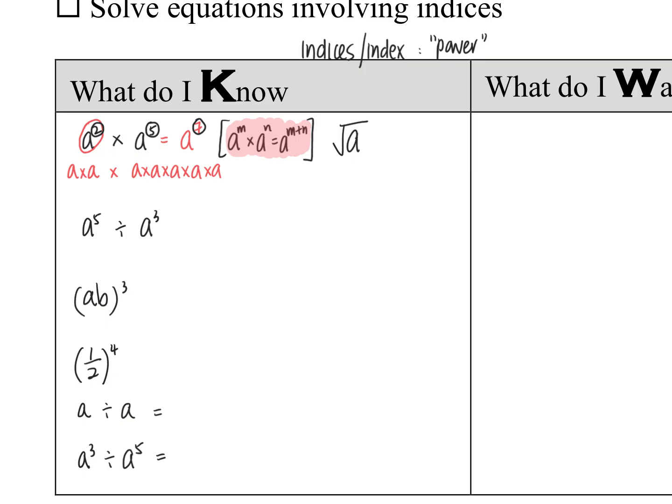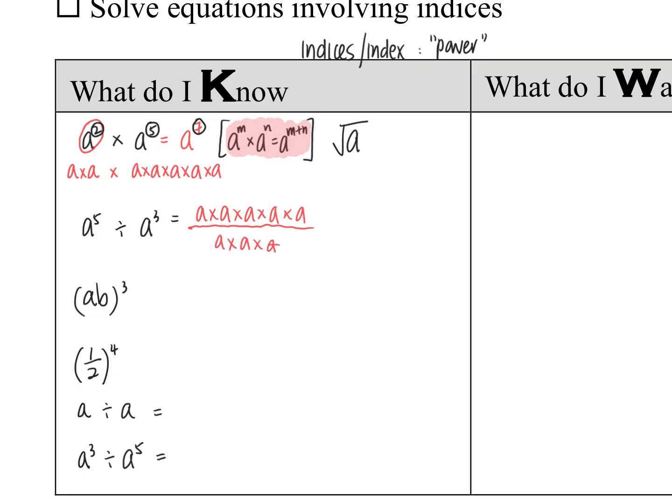Okay, what about division? What do you think the answer will be? Subtract. Okay, but because a to the power of 5 means a multiplied by itself 5 times, right? Let me use red. A multiplied by itself 5 times, and we are so used to this rather than division.